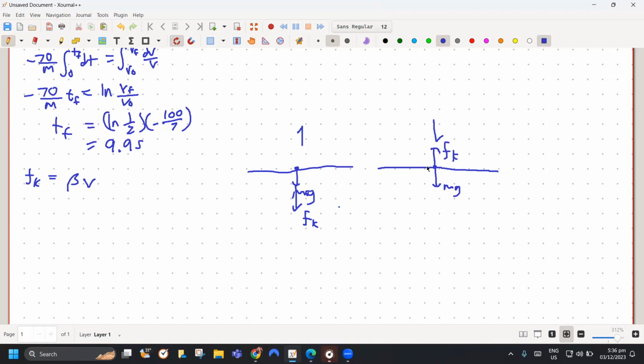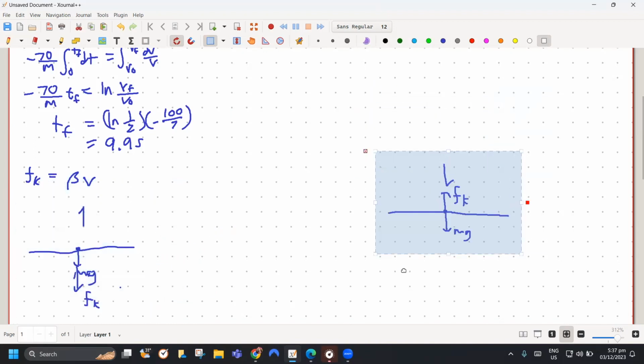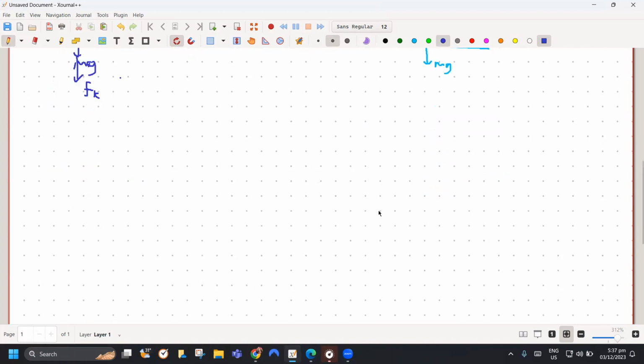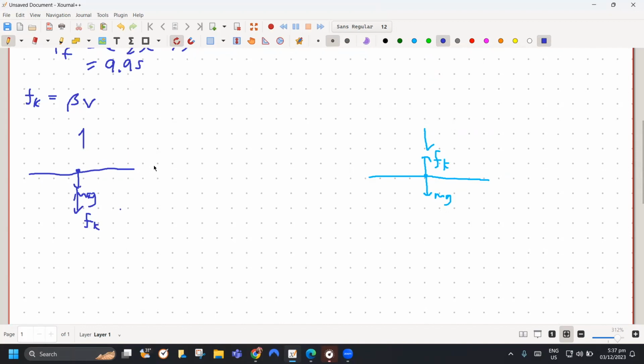So pwede mo i-take into account yan in your starting equation. So using Newton's second law, ano ngayon yung force equation? So, this is one scenario.